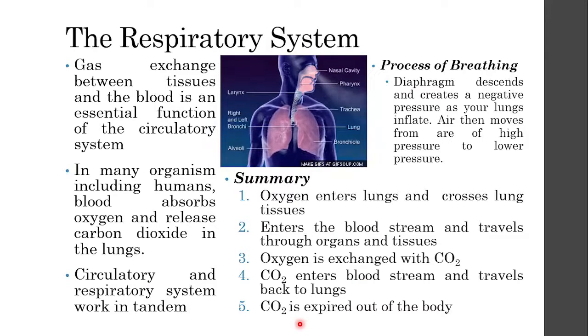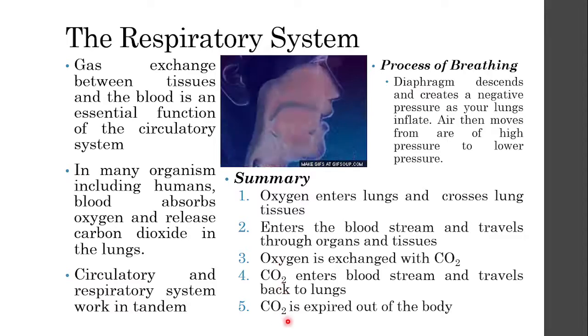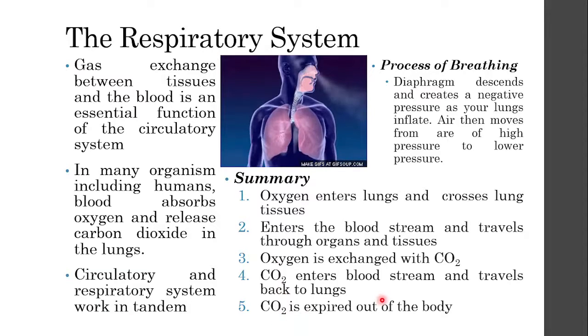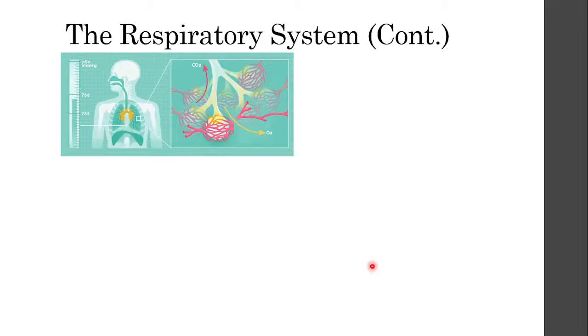Expiration is another term for exhalation, and that's how we exhale carbon dioxide, which is the waste product of cellular respiration. So this is the summary of what is happening in the respiratory system. Now let's take a look much more in detail kung ano yung nangyayari, no?